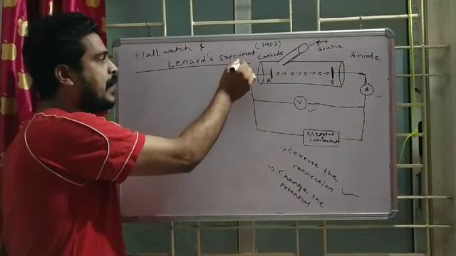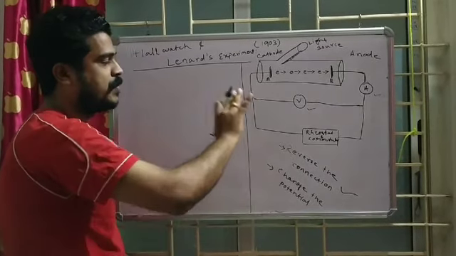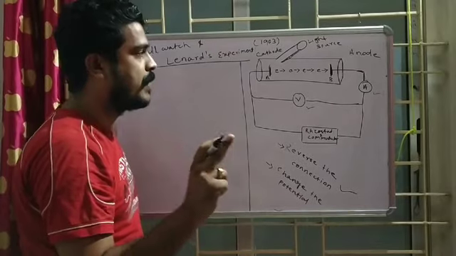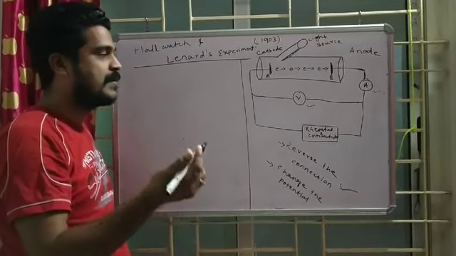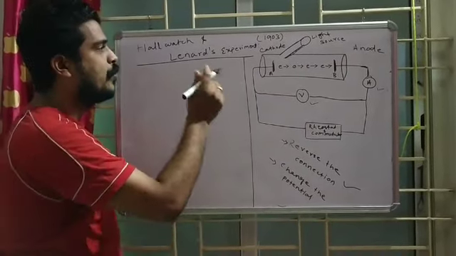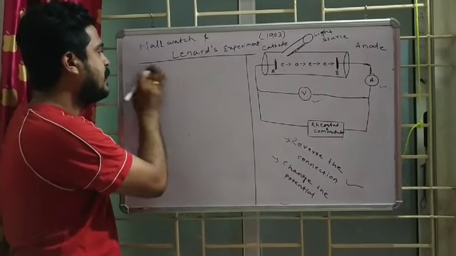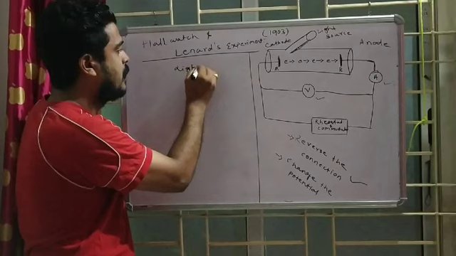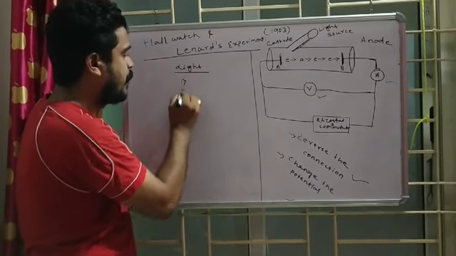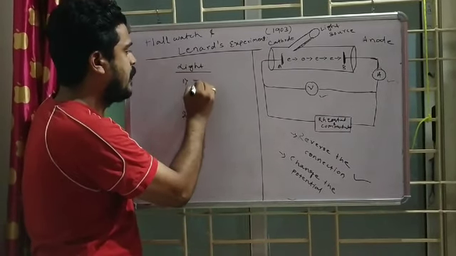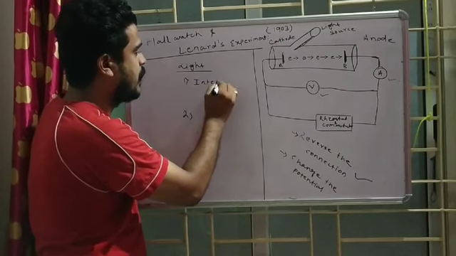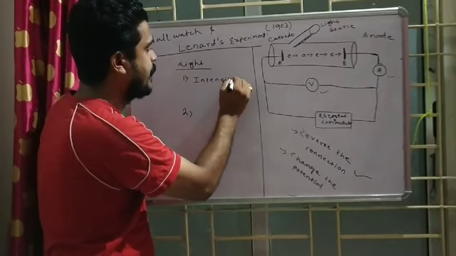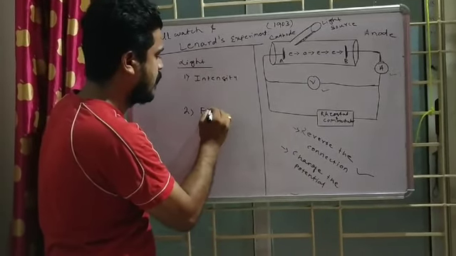Before going to explain, this is a very short experiment. It can be explained in one line. But before that, let me discuss light properties. I will take two properties that are very important: intensity and frequency.